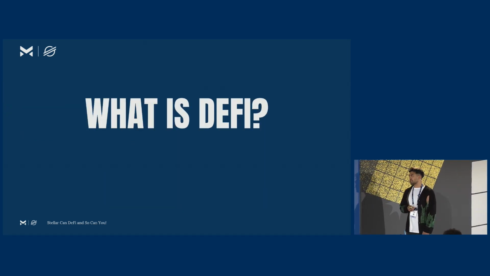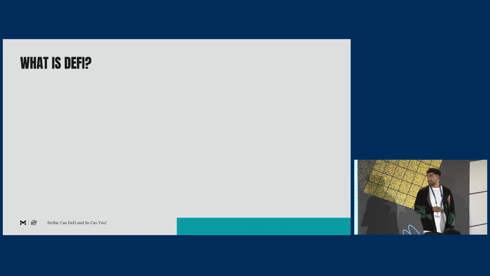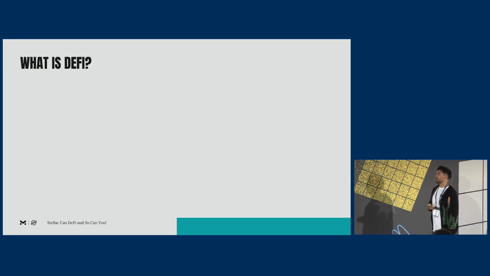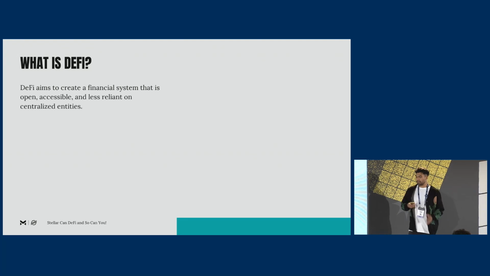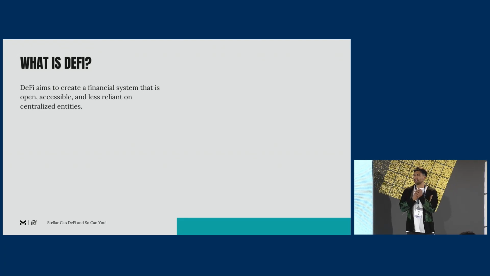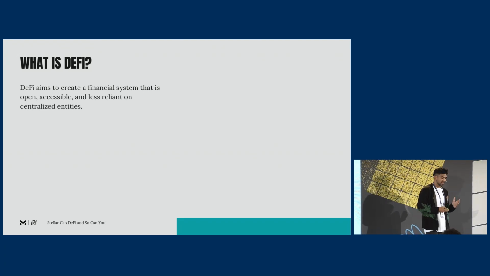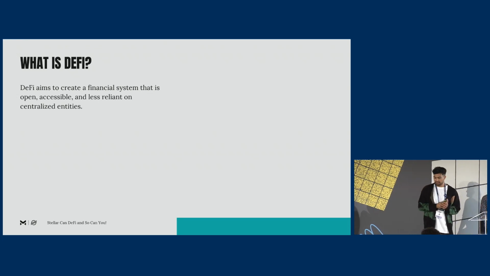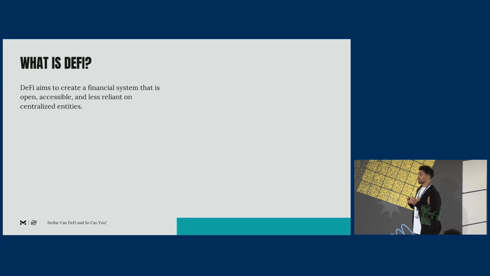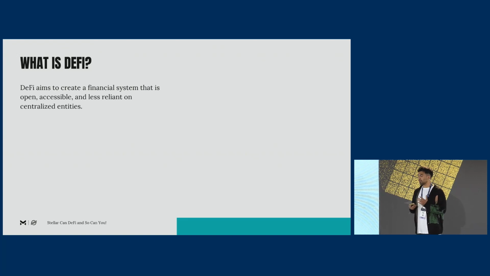So first things first, what is DeFi? Is it a digital pond? No, probably not. Some would say it's the future of finance because it allows us to achieve the financial freedom we never knew we needed.